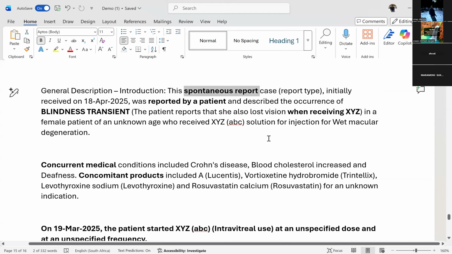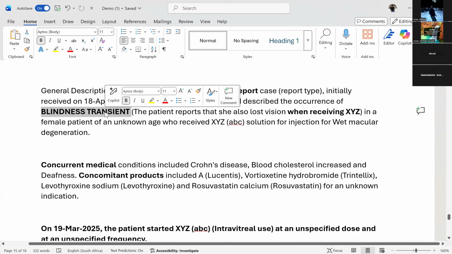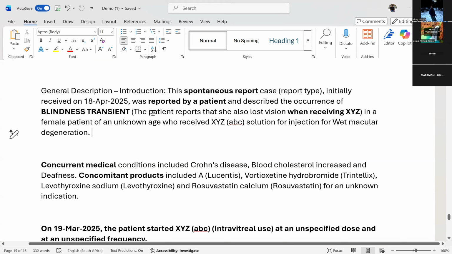So this spontaneous case report, that is the report type, was initially received on this date. Then after type, we will move on to who reported it. Reported by a patient. And describe the occurrence of the event. Basically, the patient reports that she lost vision while receiving the drug XYZ.